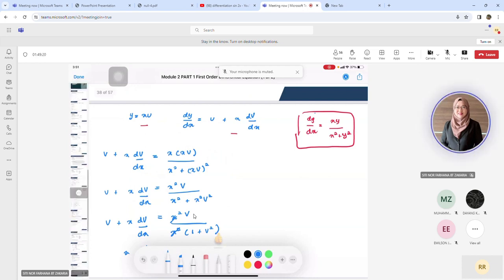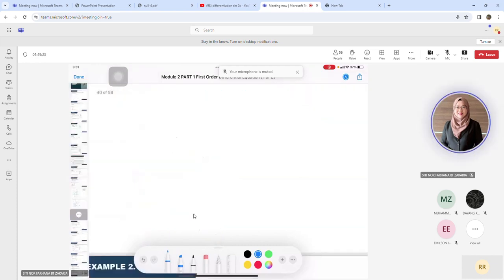So this one we need to integrate. So integrate 1 over v power of 3 plus 1 over v dv is equals to negative 1 over x dx. So integrate 1 over v power of 3 is equals to negative 1 over 2v power of 2 plus integrate 1 over v is equals to ln v.